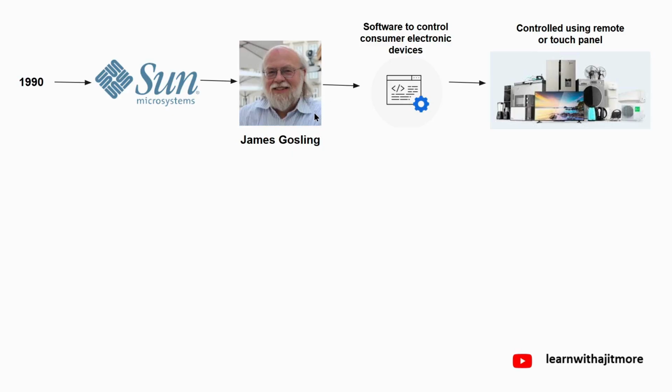Initially, he thought of using C++. So he thought, let's create such software which will control this electronic device using C++, because of its OOP nature. It's an object-oriented language, and people were already using that language for a long time.